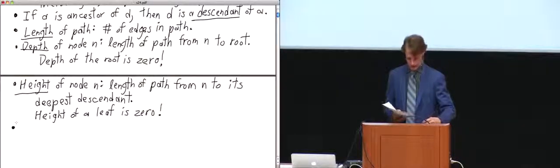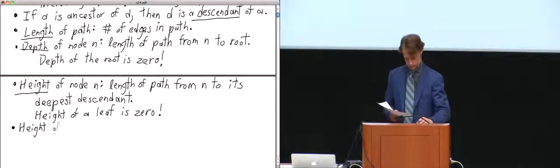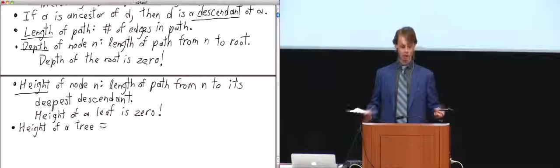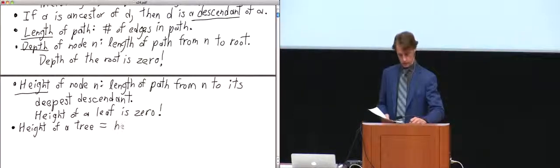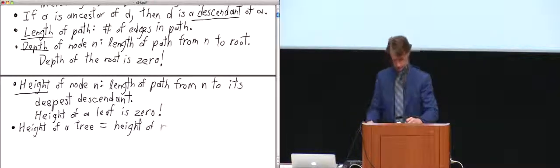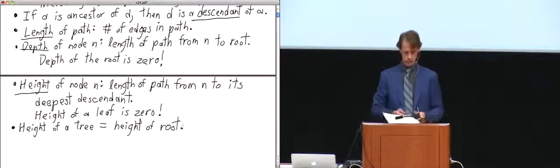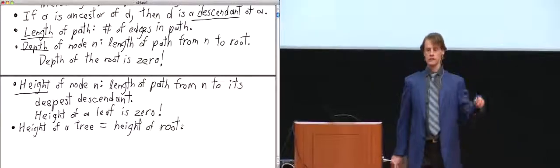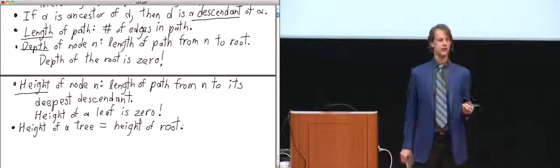We can talk about the height of a whole tree. If you take a whole tree and ask what its height is, that's the same as the height of the root. We will often talk about the subtrees of a tree.